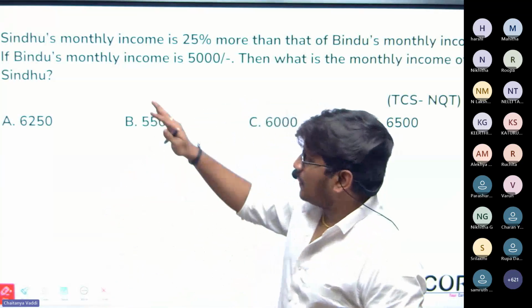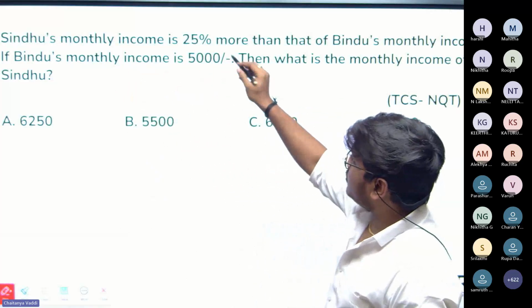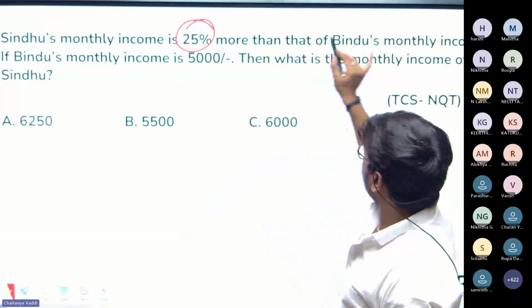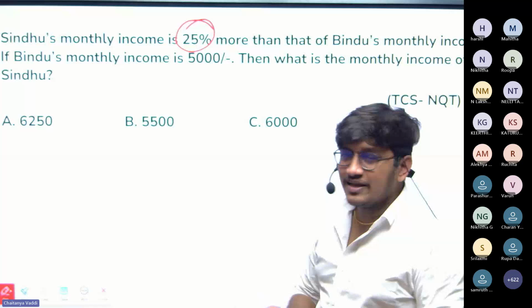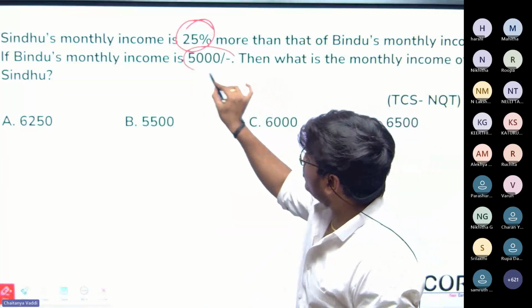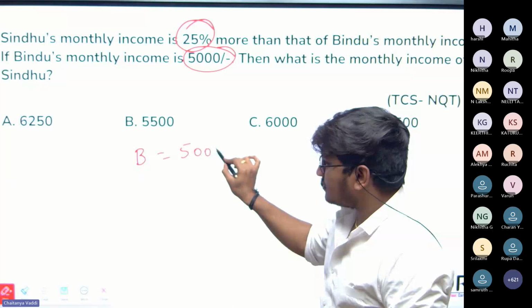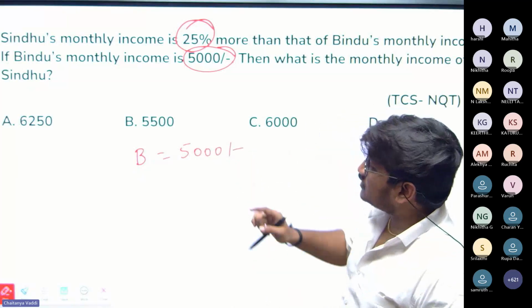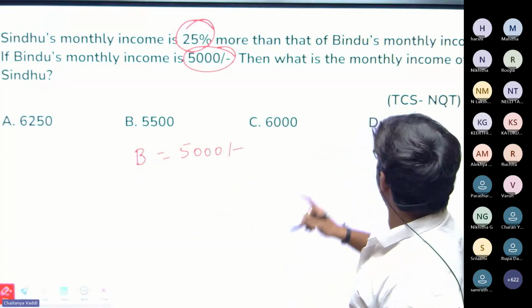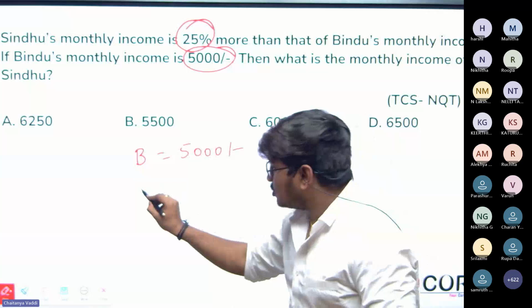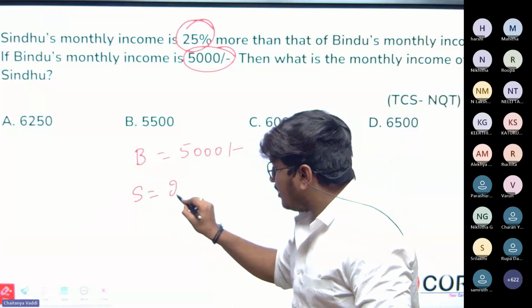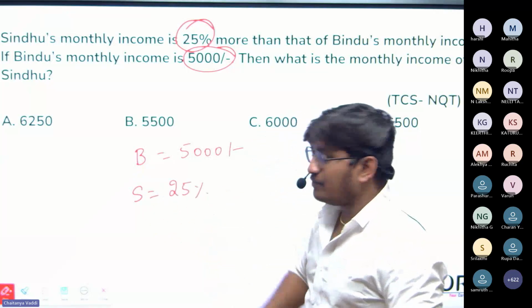Now, Sindhu's monthly income is 25% more than Bindu's monthly income. And they have clearly mentioned Bindu's monthly income: it is 5,000, correct? So what will be Sindhu's monthly income? They are asking, what will be the monthly income of Sindhu? Sindhu's monthly income will be 25% more than Bindu's.